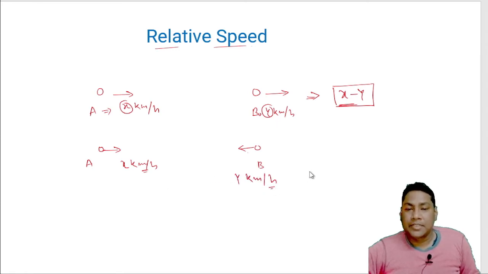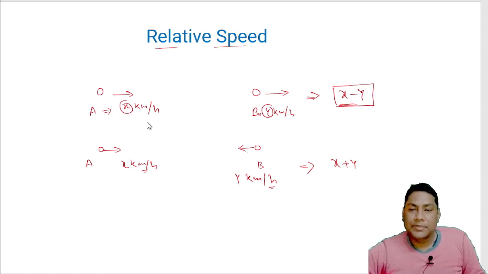Then the relative speed will become x plus y kilometer per hour. So friends, for two moving bodies moving in the same direction, the relative speed will become x minus y kilometer per hour, and when they are moving in opposite directions, the speed will become the addition of it, x plus y kilometer per hour.